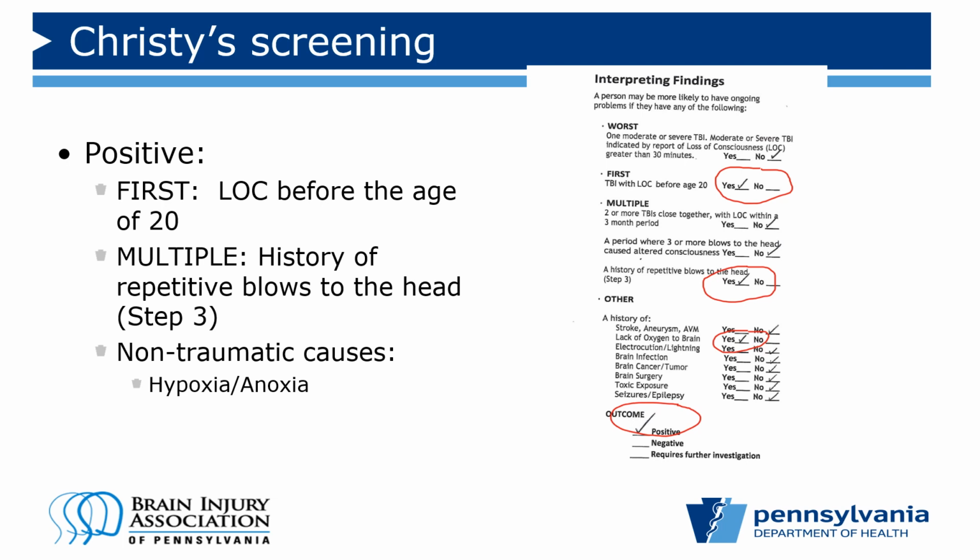And then she has a couple of different non-traumatic causes, both related to insufficient oxygen to the brain. She talks about being strangled and choked out, as well as 2 overdoses related to her opioid use. And so, as you'll see at the bottom there, her outcome is positive for history of brain injury.